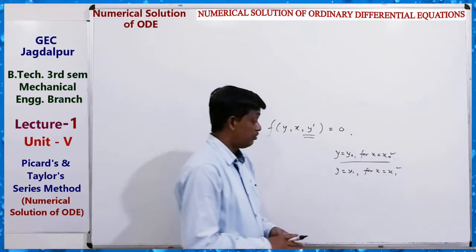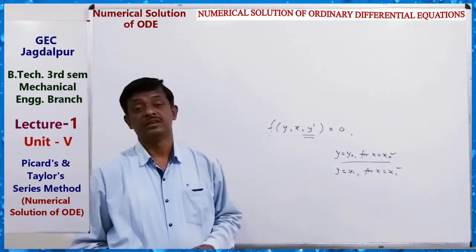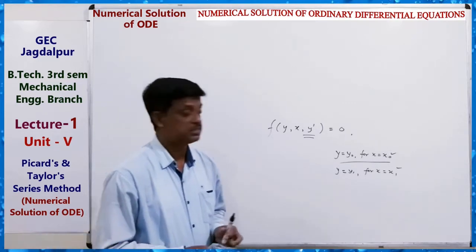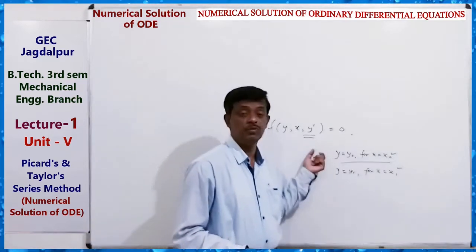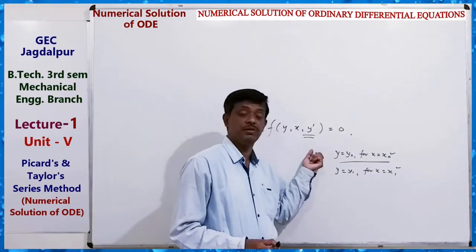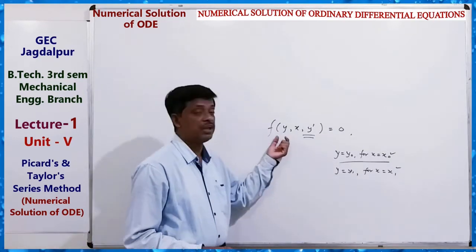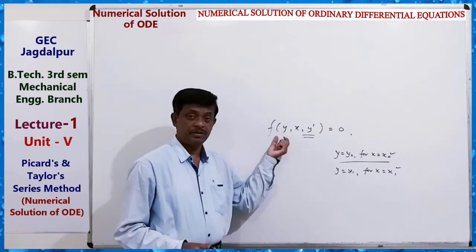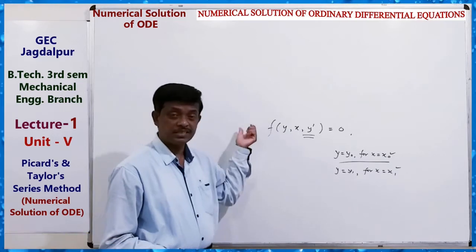So for solving that type of differential equations, we require numerical solution. Numerical solution means by using initial values, from starting initial values, we can find the value of y successively, step by step.